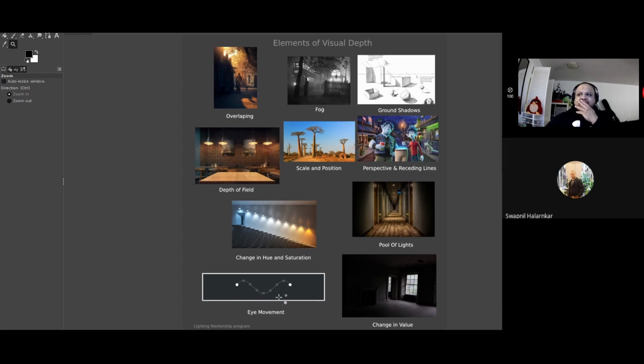Even eye movement is quite complicated, because we have to learn different principles of design to make it happen. I'll cover eye movement last, because we have to cover around 12 principles of design first. It is not one thing that helps make eye movement. So let's start with overlapping first.